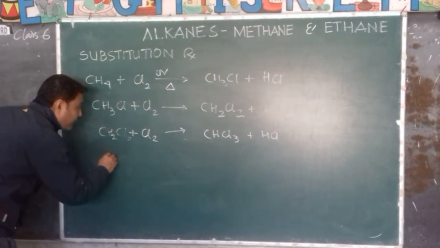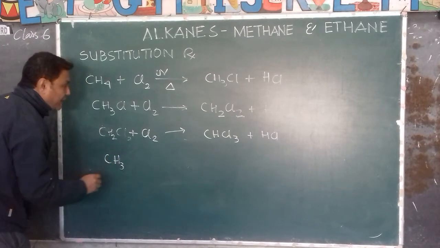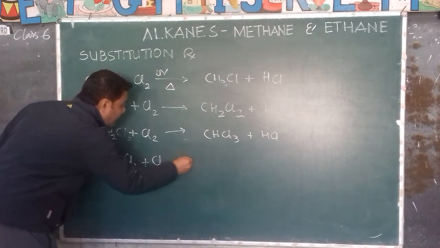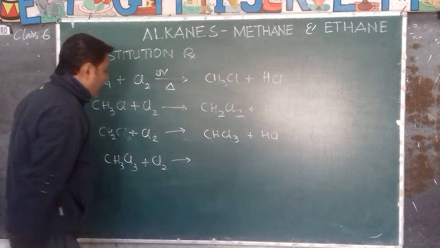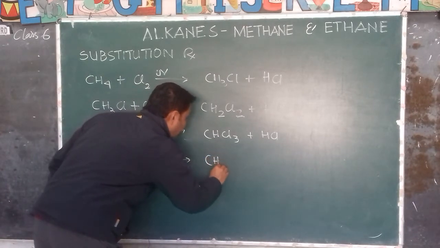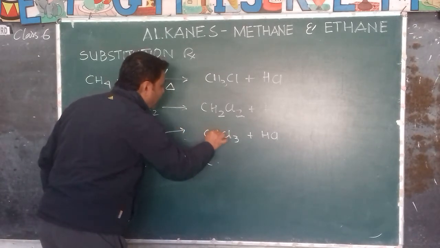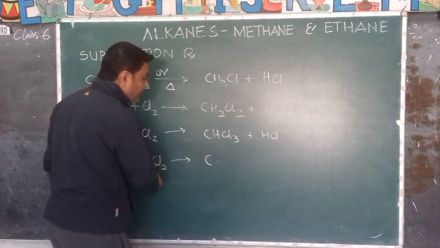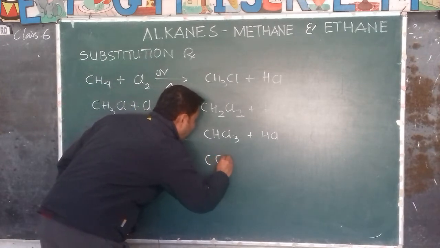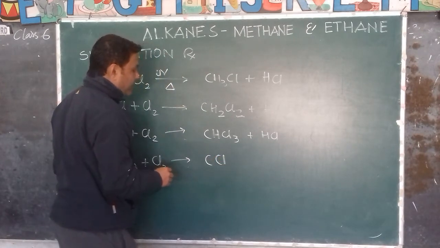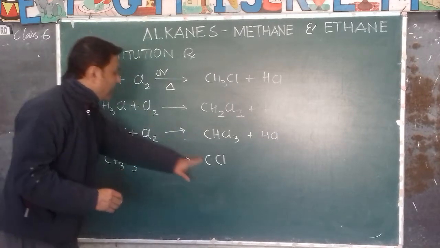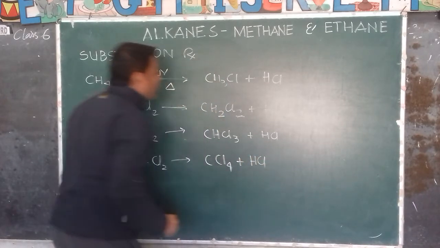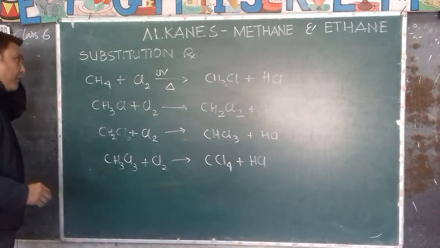Now the last reaction in the substitution reaction of methane: CHCl3 plus chlorine under the same conditions of UV or heat, we get tetrachloromethane. The one hydrogen left will also be substituted by chlorine, so all the hydrogens are replaced. So CH4 we had, now we get CCl4 and HCl. So this is the substitution reaction of methane.